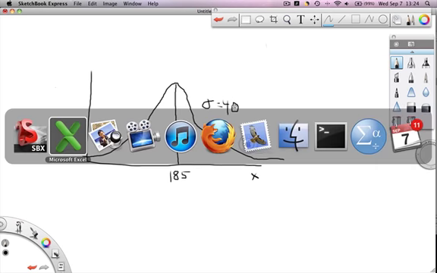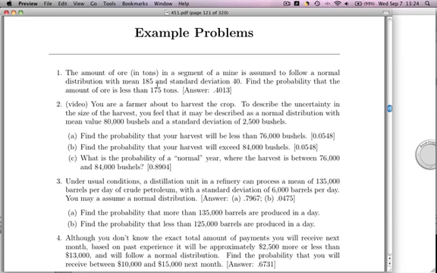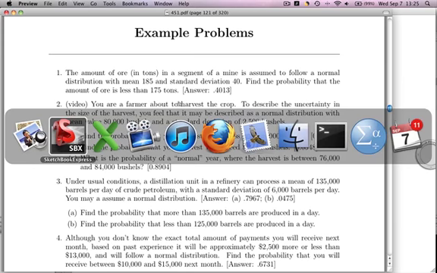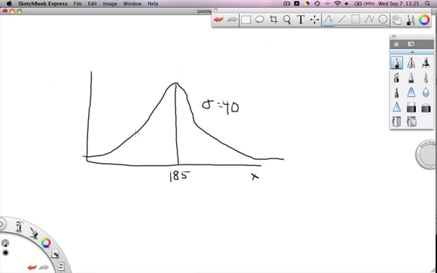Now let's go back to our problem. We're asked to find the probability that the amount of ore is less than 175 tons. By drawing it, it really helps you keep track of which tail you're after. So let's go back, and somewhere around here is the value 175.